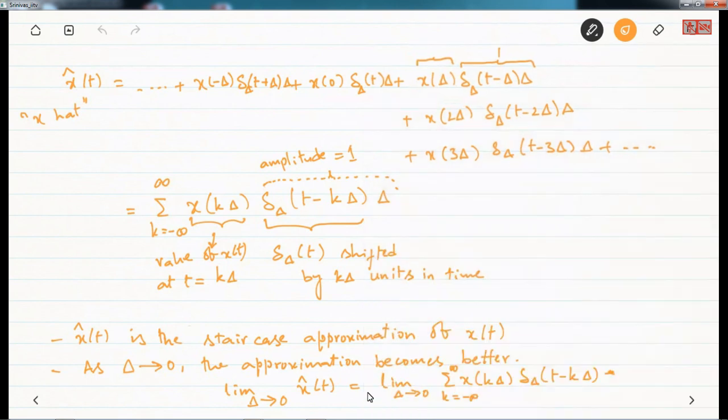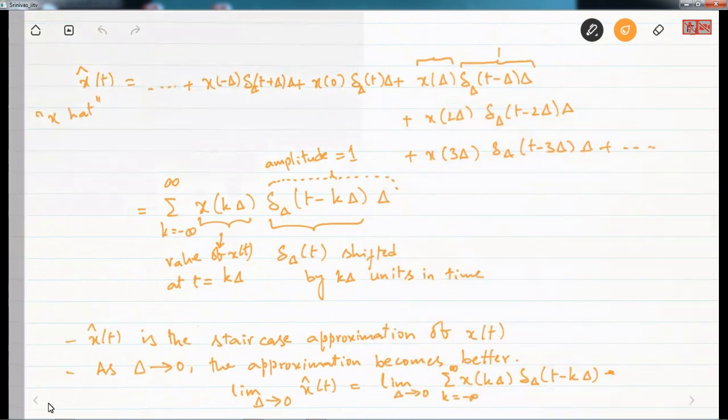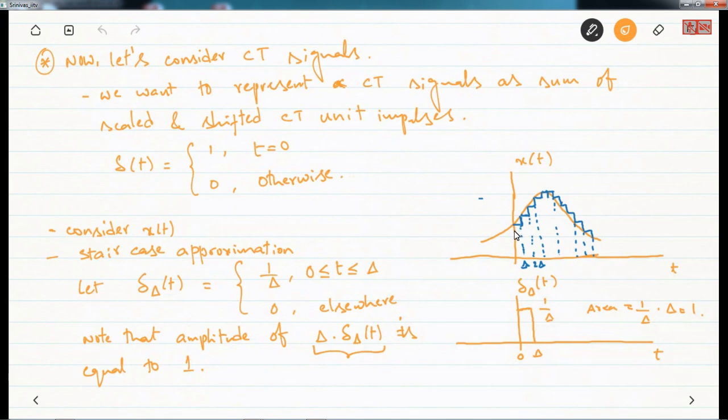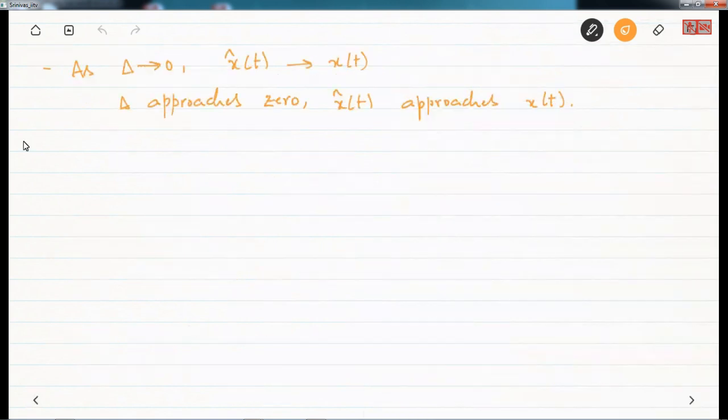And as delta becomes almost 0, this becomes an impulse signal, right? So this delta delta of t becomes a unit impulse. Note that as delta goes to 0, delta delta of t becomes delta of t.